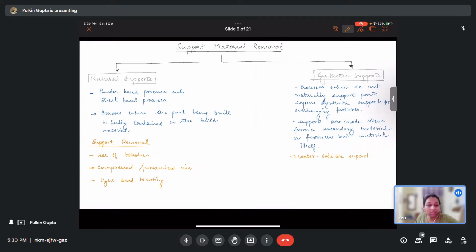Supports from the build material need to be broken off, or if there are extra supports in the form of metallic parts, they need to be machined. So they need to be taken out by some kind of chemical or mechanical methods.